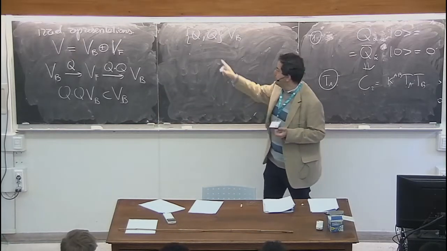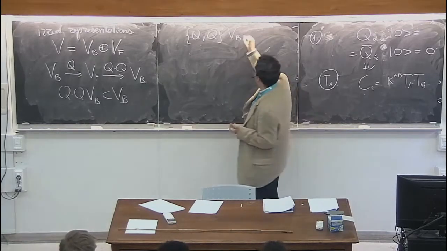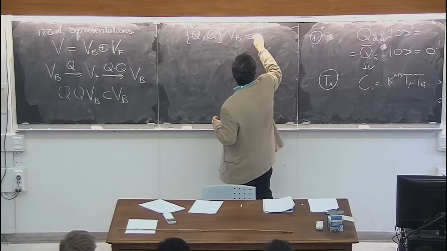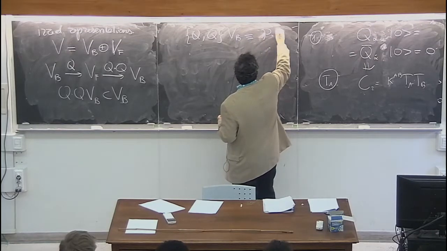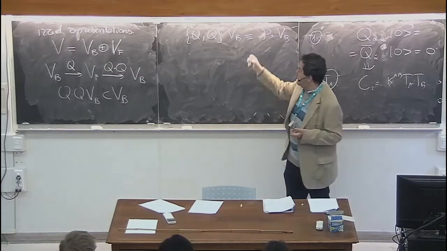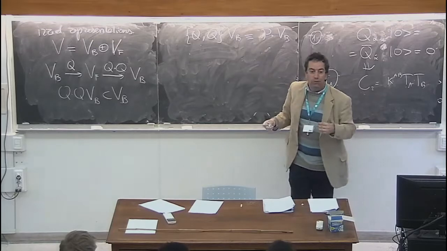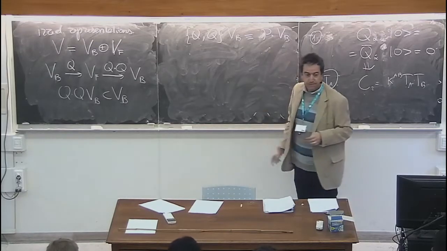Acting by means of the anti-commutator of two Qs on VB. But this is equal to basically P times VB, symbolically speaking. Namely, this amounts to the action of the space-time translations on VB.